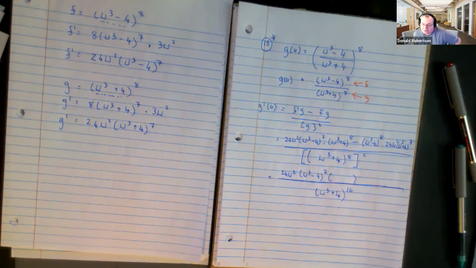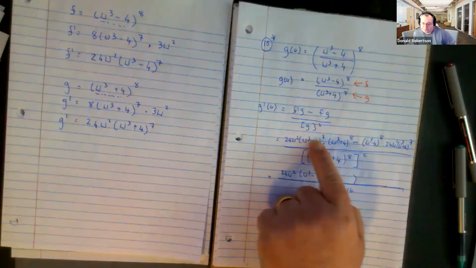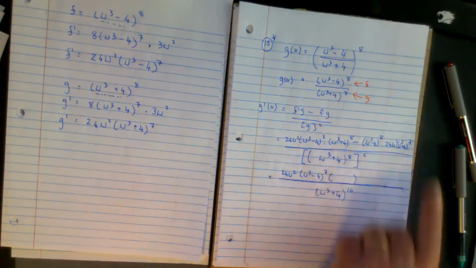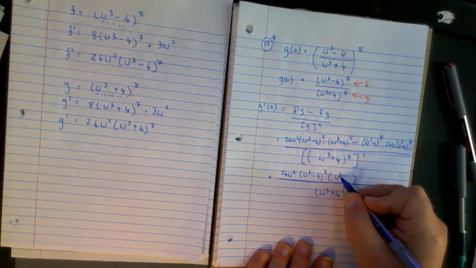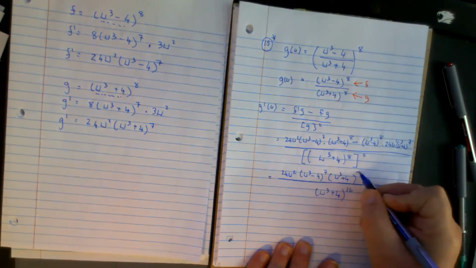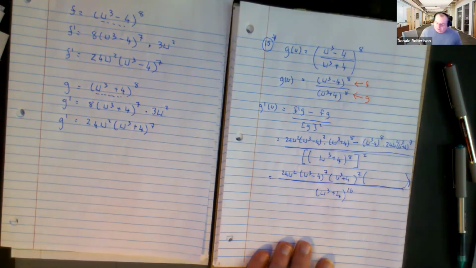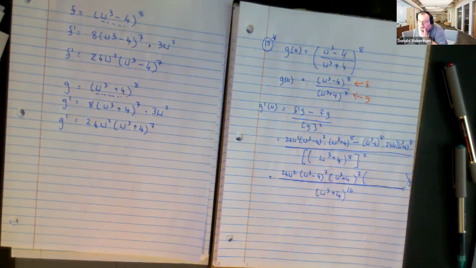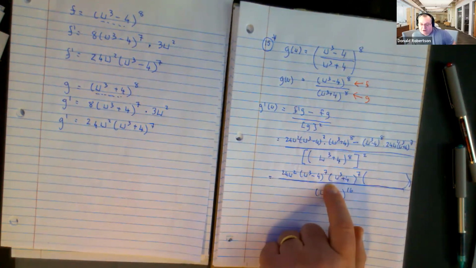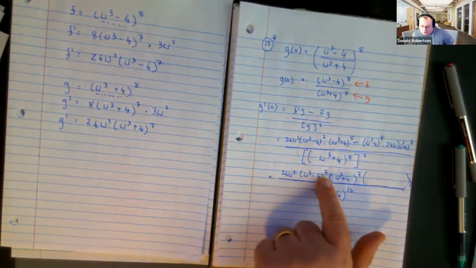Because there is one more, isn't there? The u cubed plus 4 to the 7th. Now, at least there's no weird negative half floating about, right? It's easier to deal with when everything's whole numbers, right? So that's why I said this is a little bit easier. Right, so these are all the common factors.